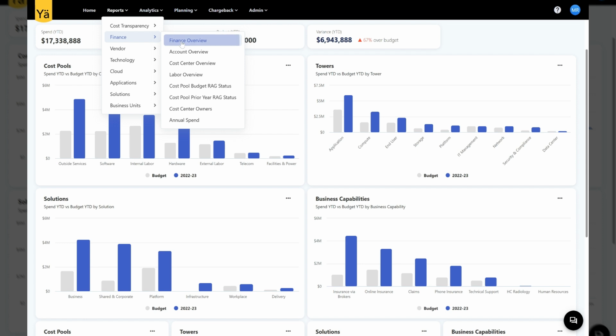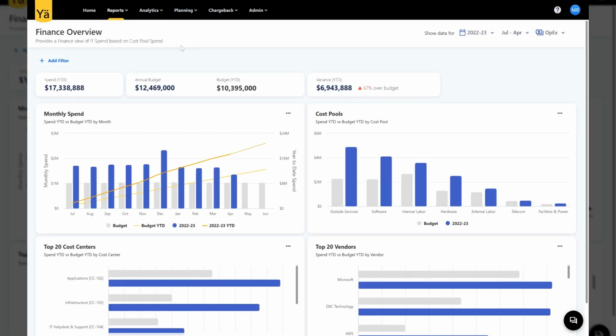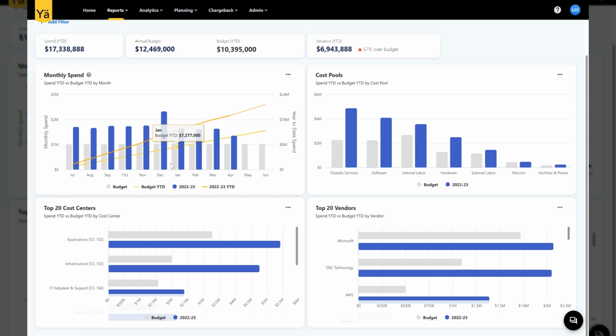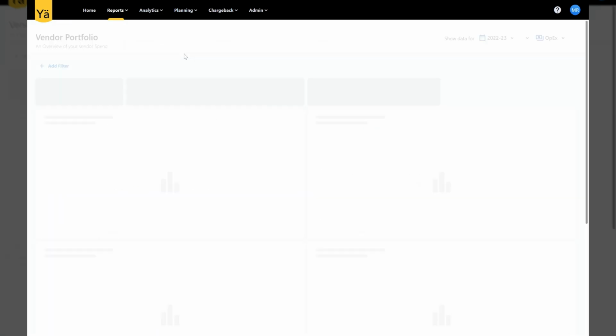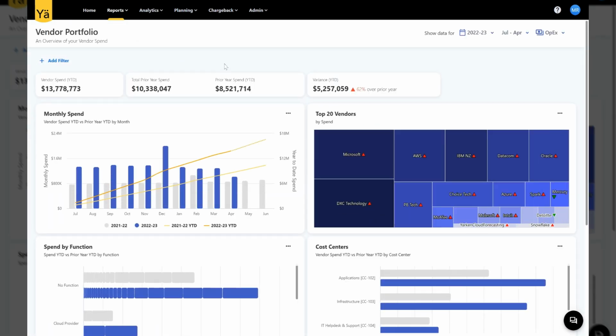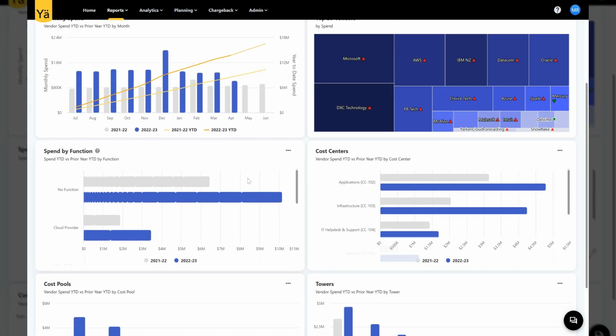From a finance perspective, as we said earlier, we're aligning all our spend directly to the finance objects and terminology to bridge that gap here as well. So we have some standard finance dashboards, as well as some standard vendor dashboards where we can start looking into the individual vendors and how are they contributing to our spend.